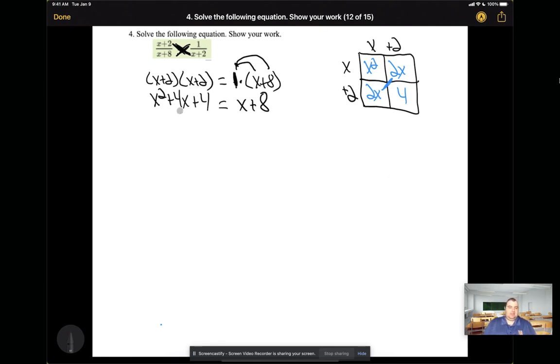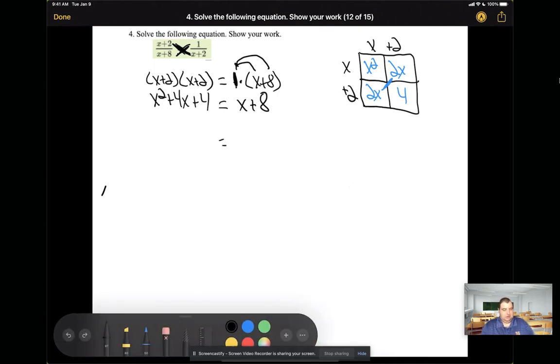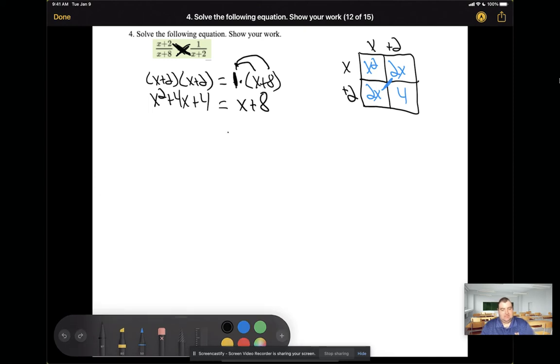So you can see here, I have a quadratic. I said this in the lesson on these types of equations: if I end up with a quadratic, I always like to try to factor first, and then if I can't factor, then I'll use the quadratic formula. So the first thing I have to do is rewrite this so that it says equals 0 on the right-hand side.